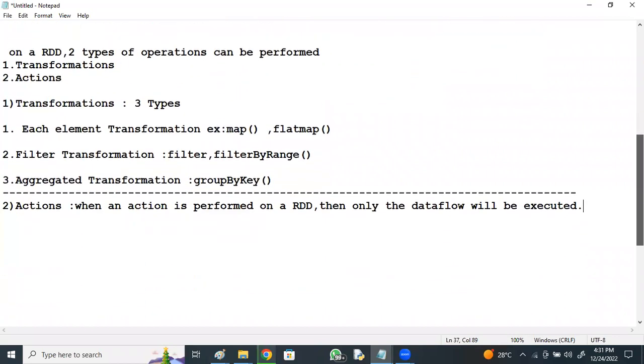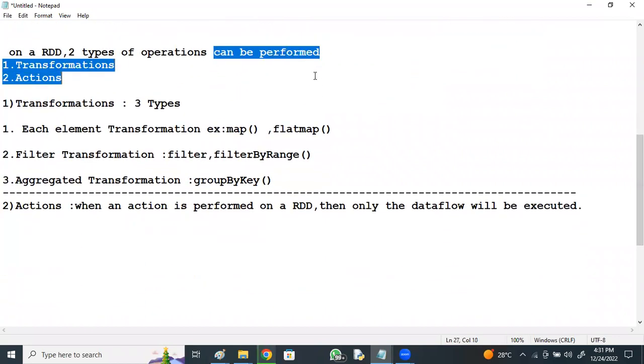On an RDD, two types of operations can be performed: transformations and actions. Transformations means each element transformation, filter and aggregated transformations. Each element means that if there are 1 lakh records, the transformation is going to be applied to all the 1 lakh records.